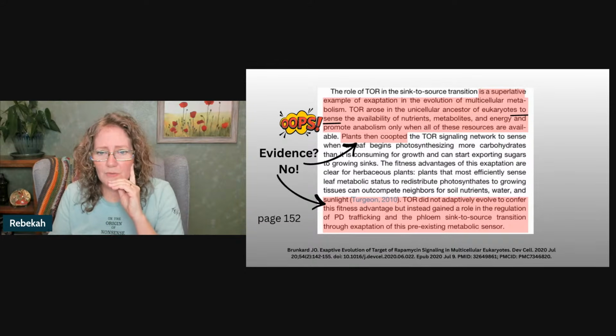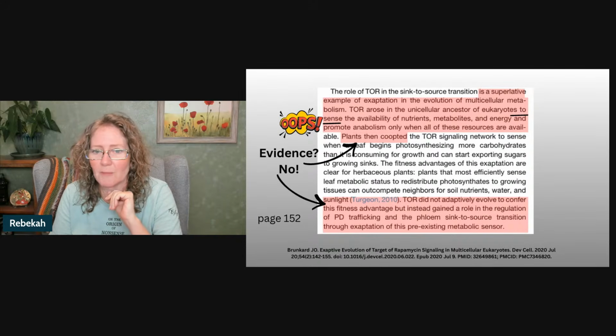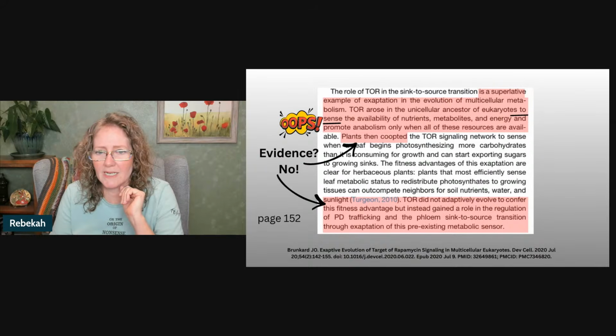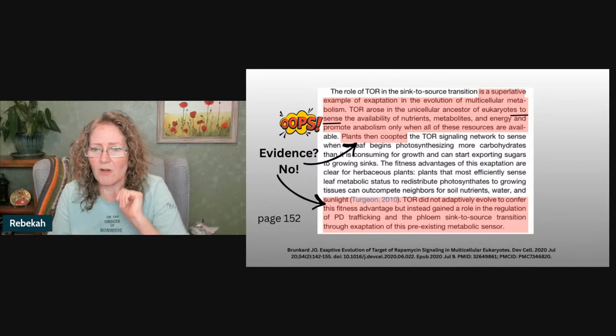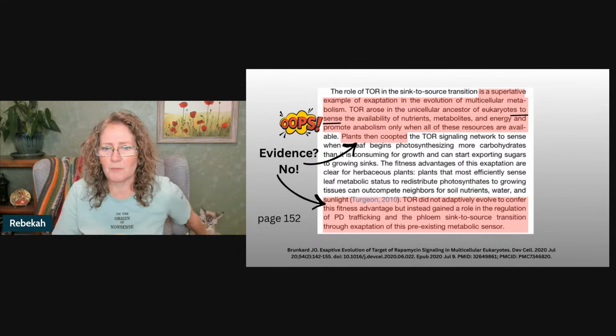So the role of TOR in the sink to source transition is a superlative example of exaptation in evolution of multicellular metabolism. TOR arose in the unicellular ancestor of eukaryotes to sense the availability of nutrients, metabolites, and energy, and promote anabolism only when all of these resources are available.